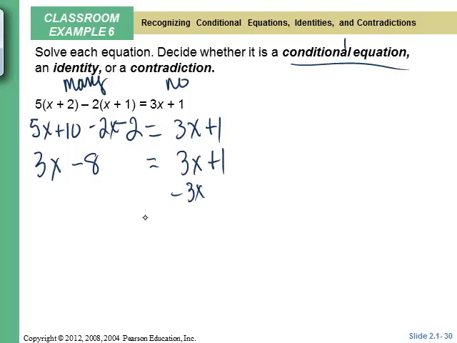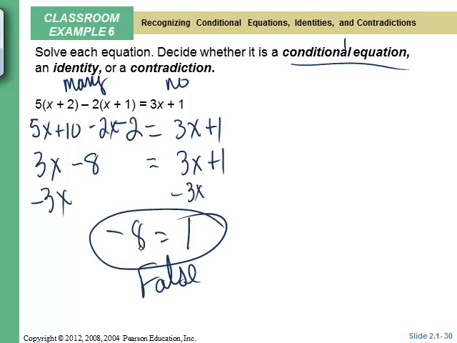Let's subtract 3x from both sides, and we get 8 equals 1. It never equals 1, so this is a contradiction, and there is no solution.